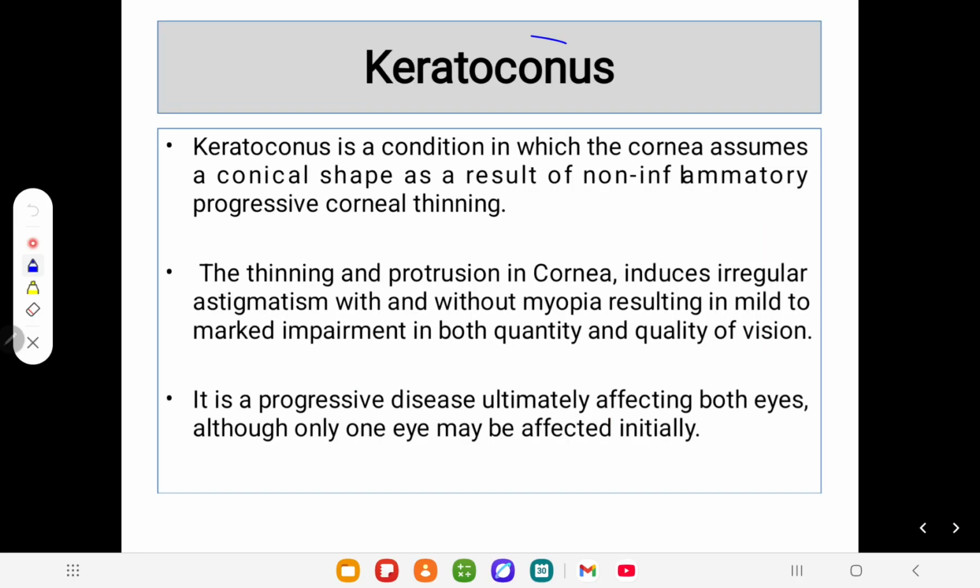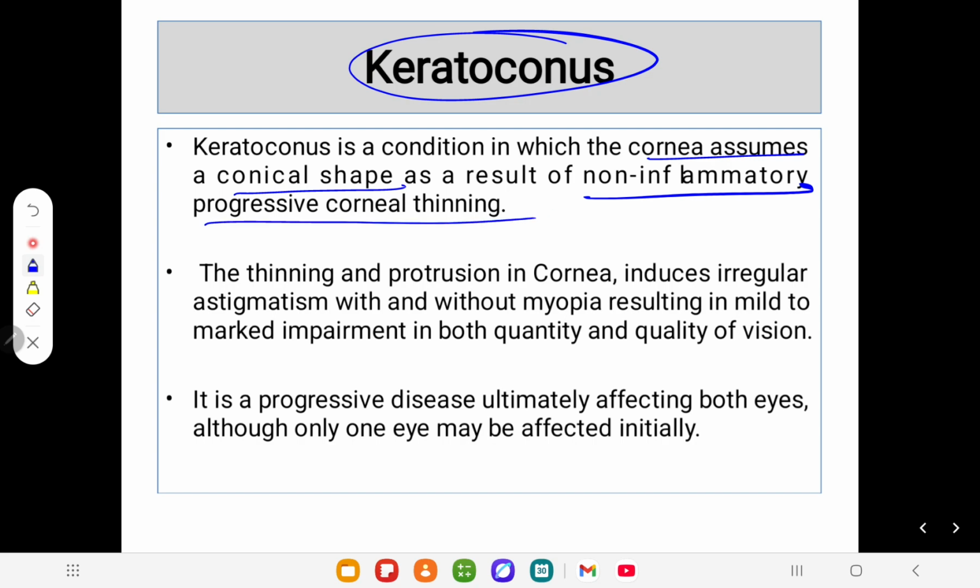So what is keratoconus? Let's go roughly. I'm not going to explain keratoconus in detail from the perspective of the disease, but I'm going to discuss it roughly. Okay, keratoconus is a condition in which the cornea assumes a conical shape. That's why kerato plus conus. It is a non-inflammatory, progressive corneal thinning, and till date non-inflammatory. But who knows?